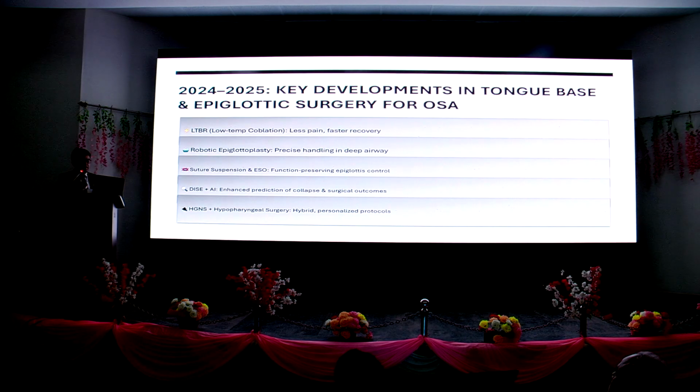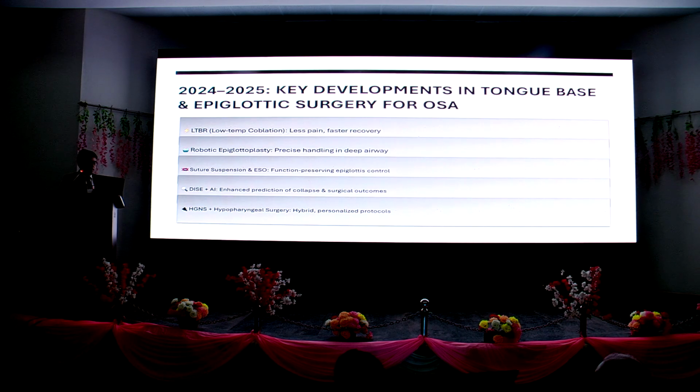So these are some of the key developments which came up during my research in the 2024-25 period. They are now calling it low temperature coblation procedures, which offer less pain and faster recovery. Robotic epiglottoplasty, which ensures precise handling in deeper airways.